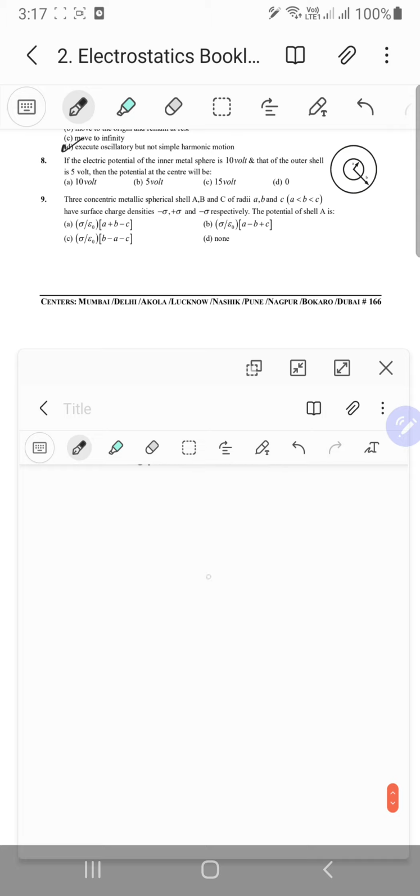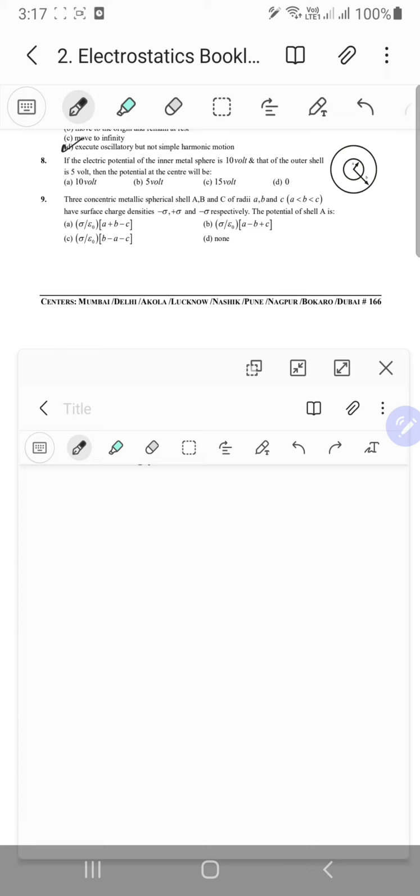Okay, so let's do it. Say this guy has, well, wait a second, why are we even doing this? We already know that once it comes inside the inner metallic sphere, which is 10 volt, and the outer shell is 5 volt. They said metallic sphere, that means that inside there's no field.